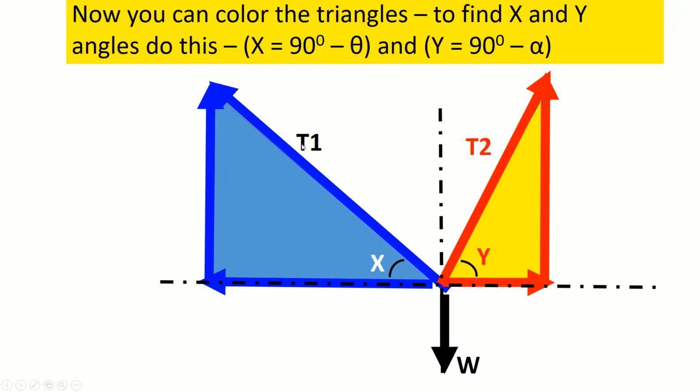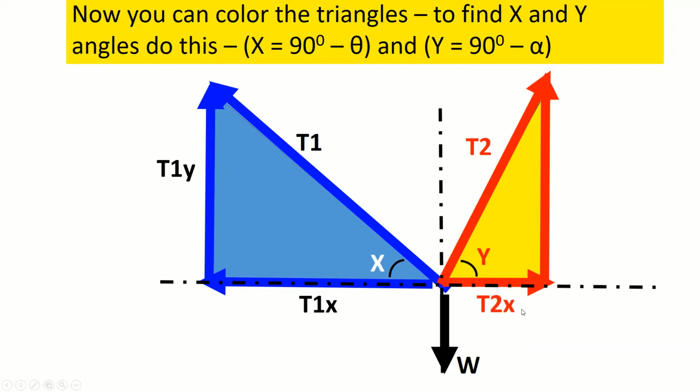So we have here those 3 forces, T1, T2, and the weight. Because these forces are not aligned with the grid, you need to break them down into components. So for T1, we have T1X, and the vertical component is T1Y.